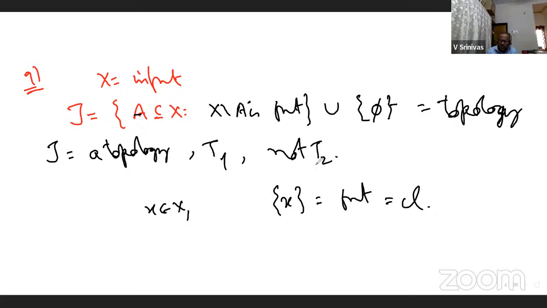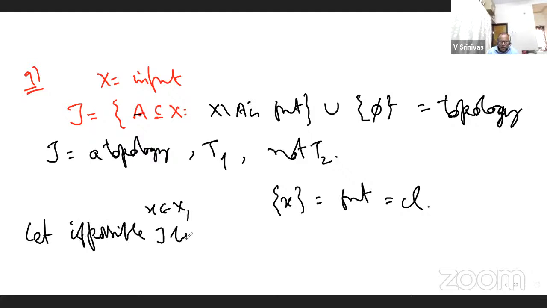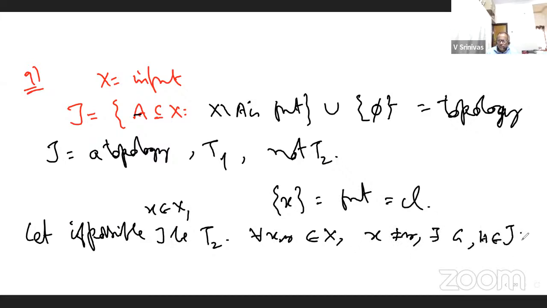First I will show that it is not T2, and then I will show that tau is a topology. Say it is T2. Let, if possible, tau be T2. Means for every x, y belonging to capital X with x and y distinct, there exist G, H in tau such that x belongs to G and y belongs to H, and G and H are disjoint.